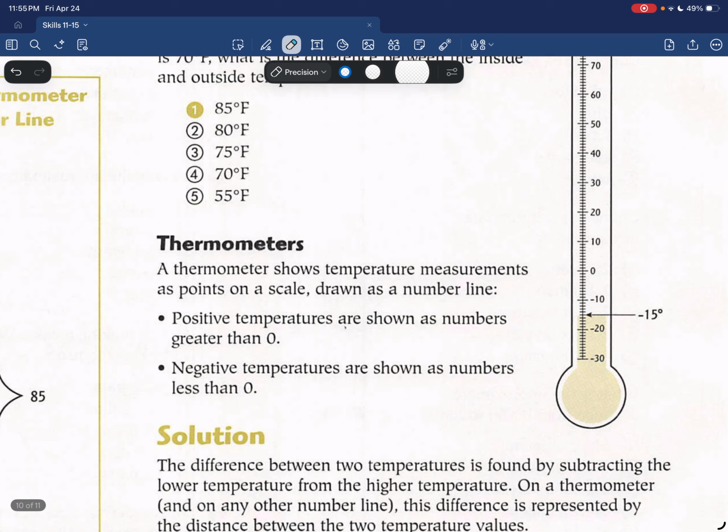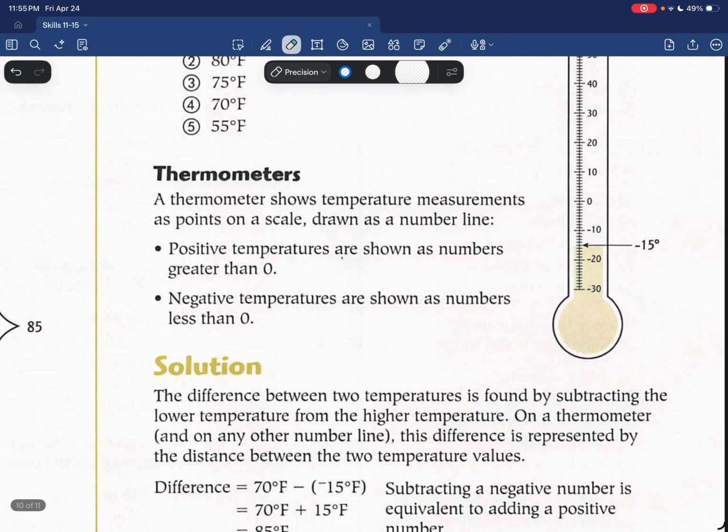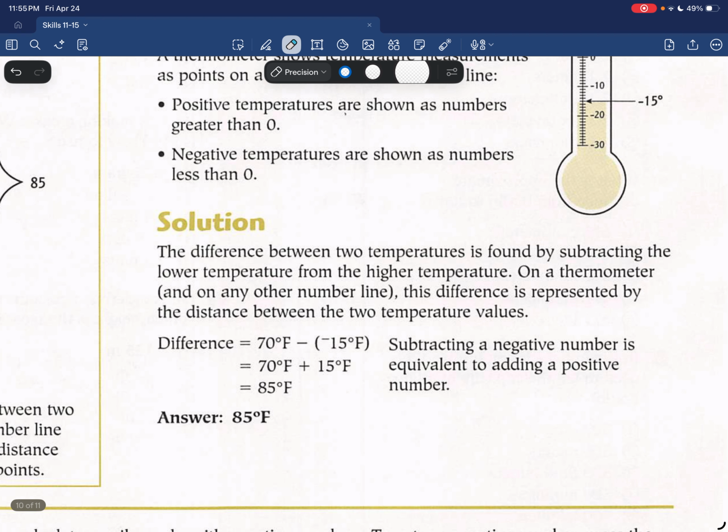A thermometer shows temperature measurements as points on a scale drawn as a number line. Positive temperatures are shown as numbers greater than 0. Negative temperatures are shown as numbers less than 0. The difference between the two temperatures is found by subtracting the lower temperature from the higher temperature.